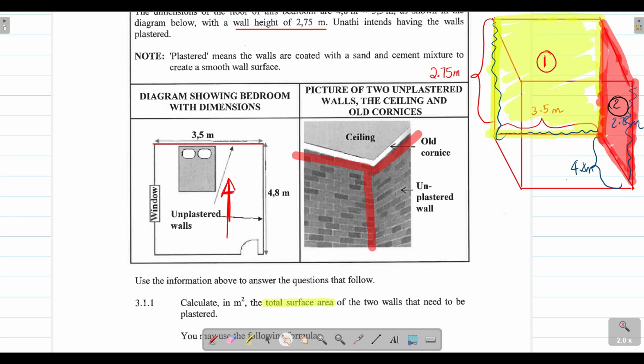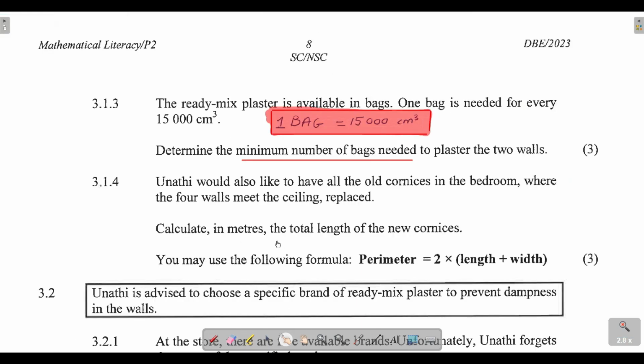They're basically saying that Unathi wants to replace these cornices, right? So if you think about a ceiling and you look up and you see the cornice going all around the wall, all around the ceiling, right? Now we understand what this question is asking us to do. It's basically asking us to calculate the total length that is needed of the cornice.